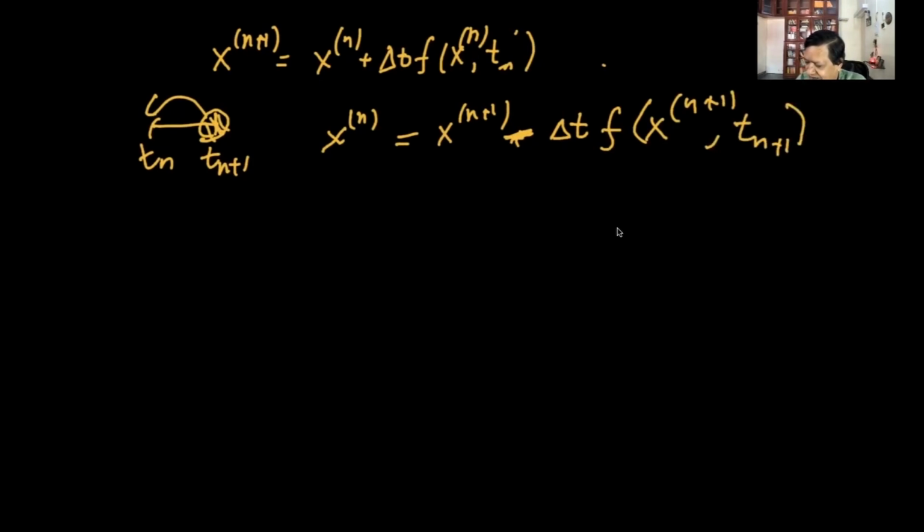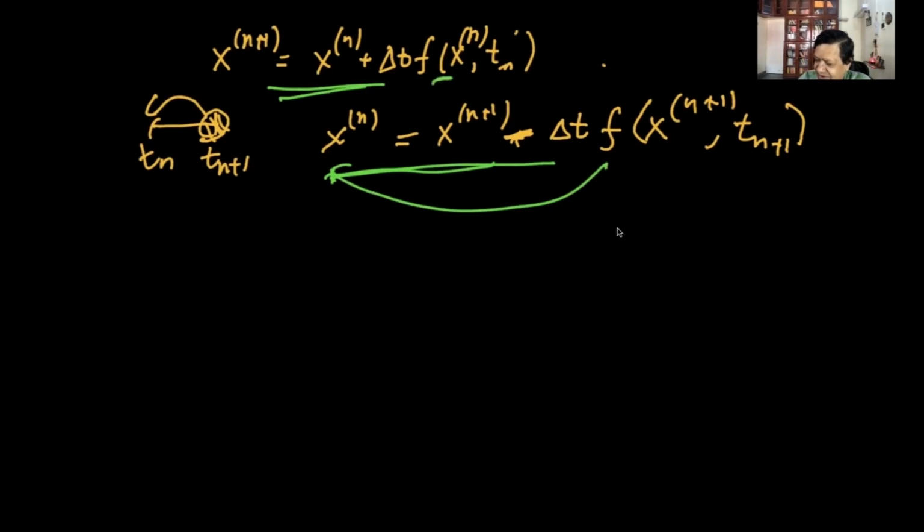Now you can clearly see that this equation is not the same as this equation. When I take this to the left hand side, I do not get Euler forward in the forward direction. So Euler forward is not symmetric under t to minus t transformation. And you can show the same thing for RK2 or Euler backward as well.